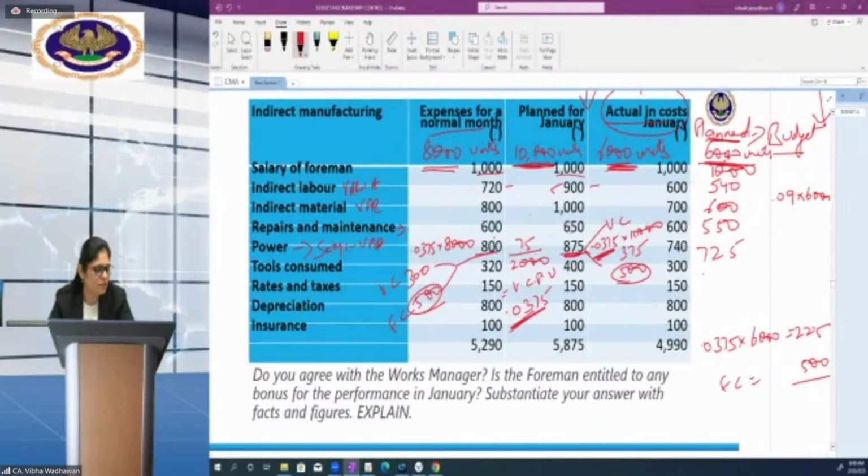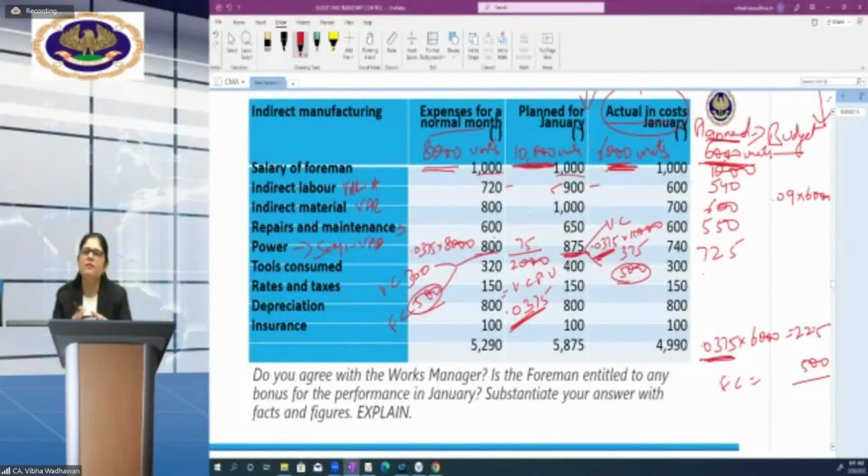Students, any doubt here? Yes, 725 for 6,000 units. Because variable cost per unit we calculate as per the split method: difference in cost divided by difference in units, and the balance will be the fixed cost. We don't split the fixed cost.